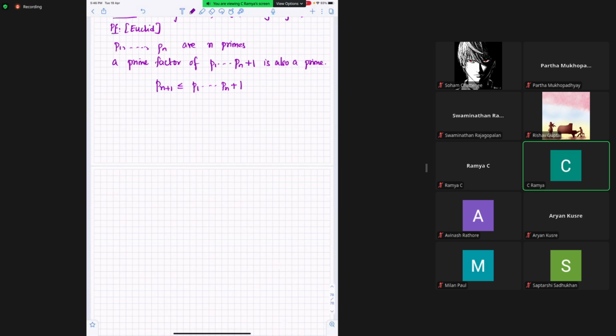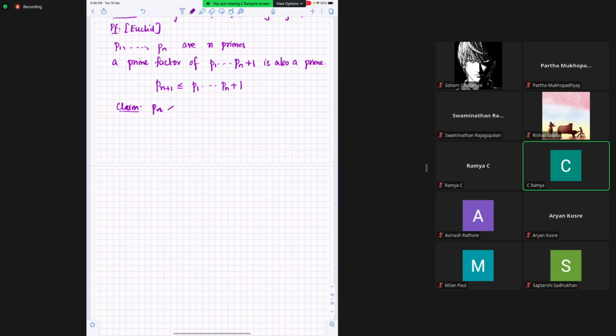Now here is the claim. I want to bound how large Pn could be. So if I get a bound on Pn, then I can somehow massage it to get a bound on the number of primes that are less than a given number.